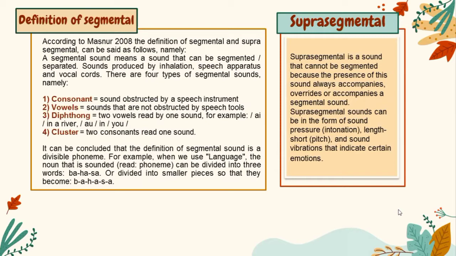There are four types of segmental sounds. First is consonant, sounds obstructed by a speech instrument. Second is vowels, sounds that are not obstructed by speech tools. Third is diphthong, two vowels read by one sound, for example A in a river, O in U. And four is cluster, two consonants read as one sound.